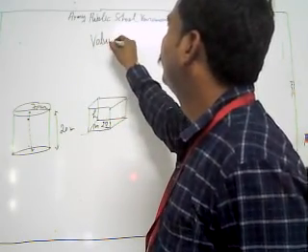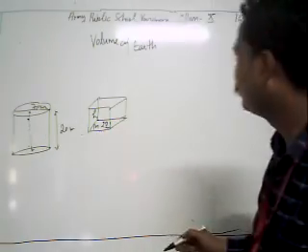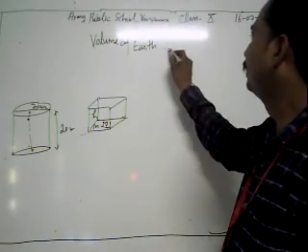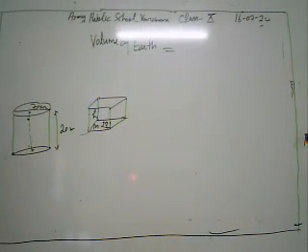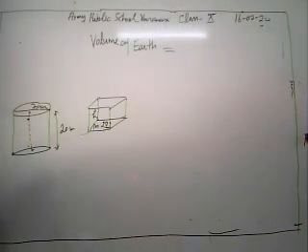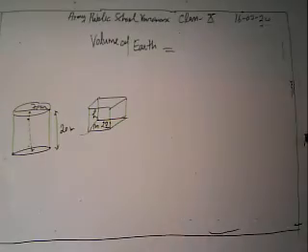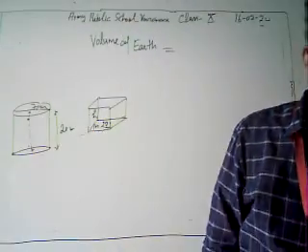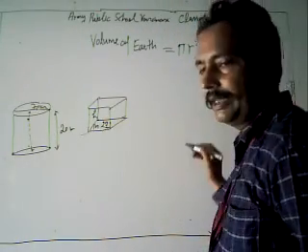Now, how can we find the volume of earth? Since it's a cylinder, its volume is given by pi r square h.